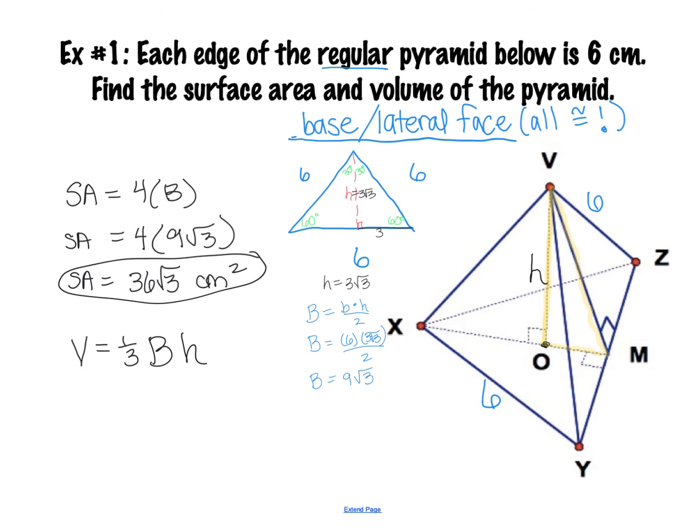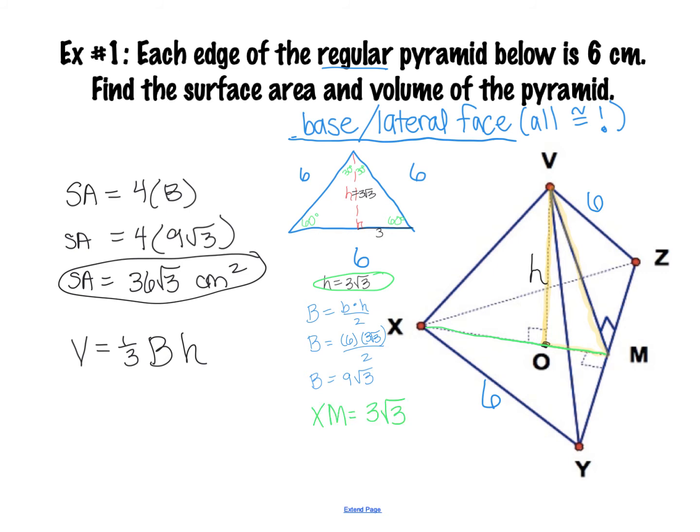So bear with me here, but please first take a look at segment XM. Well, segment XM, mind you, is the height of the base. We found that already. That's 3 radical 3.